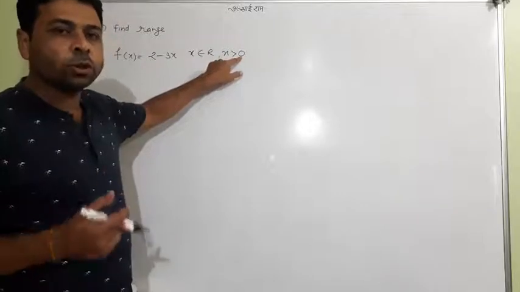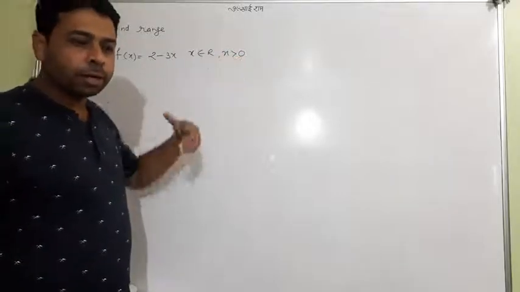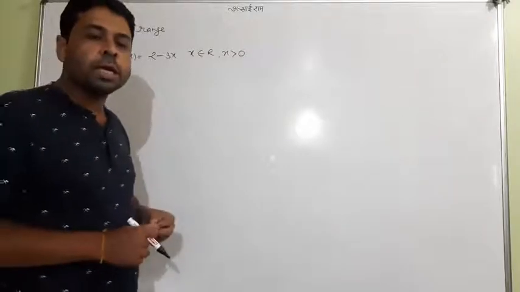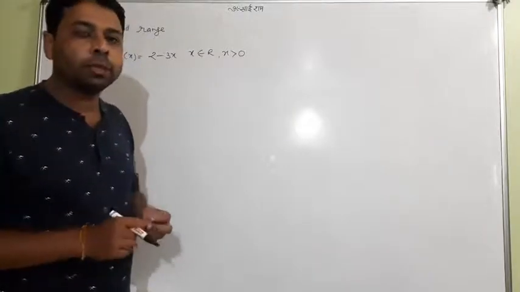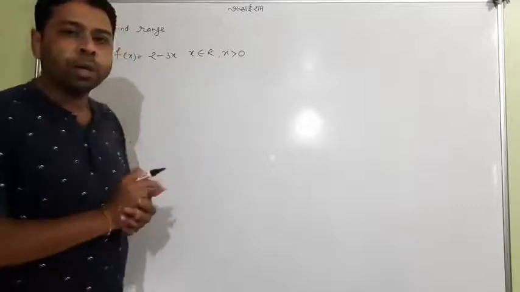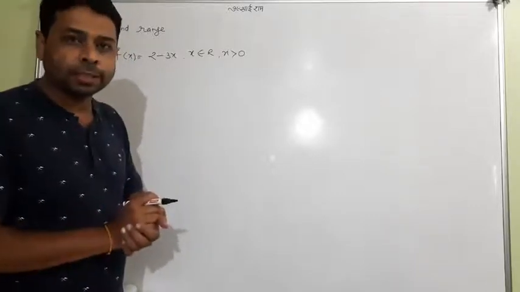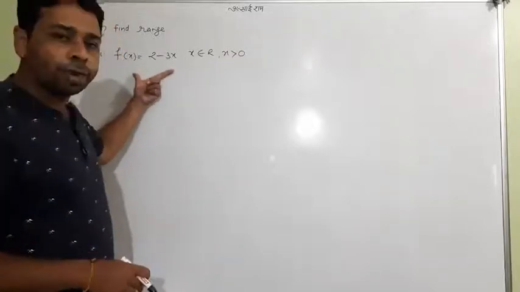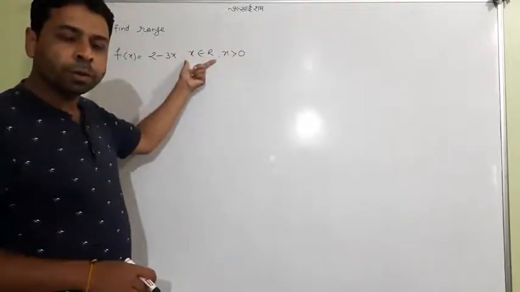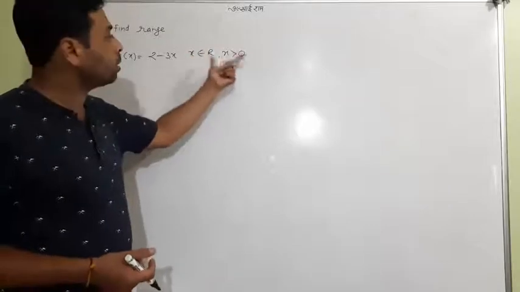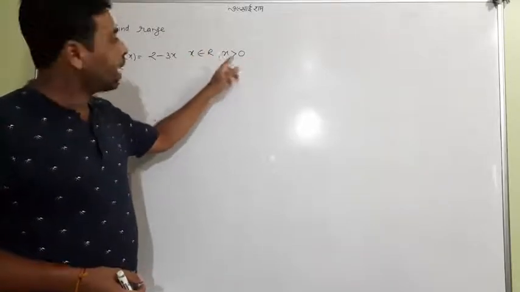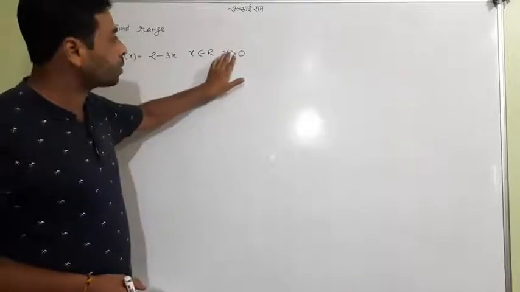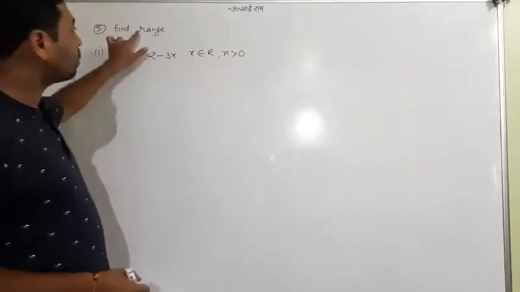You know that in the previous 2 days I have been telling you about the domain: the set of values of x for which the function is defined. This function is defined for all x belonging to R such that x is greater than 0. So the domain of this function is x greater than 0, which has not been asked.